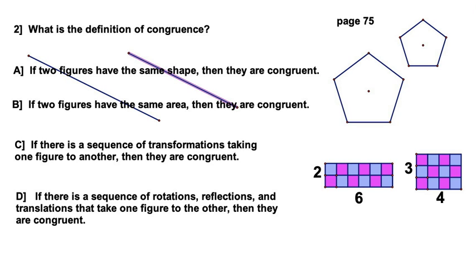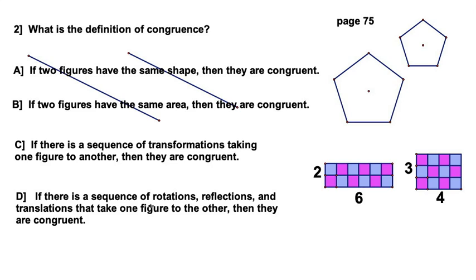Let's have a look at the next one, C. If there's a sequence of transformations taking one figure to another, they are congruent. I kind of like that. But this is actually kind of funny. They've got C and D here. I would sure hate this. I would not accept this as a test question.